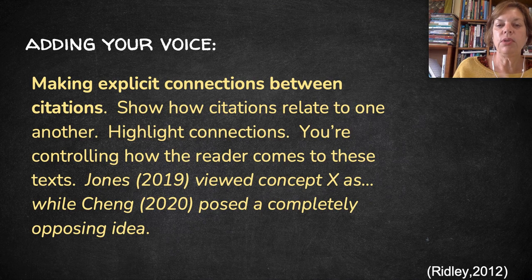So Jones viewed the concept as X, while Cheng posed a completely opposing idea. So you could say Cheng viewed the concept as this, and Jones viewed it as a completely opposing idea. So how you structure those sentences will depend on what comes next. But you're doing it deliberately so that the reader's getting that information in a particular way that shows your positioning.